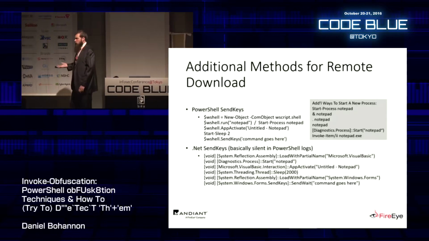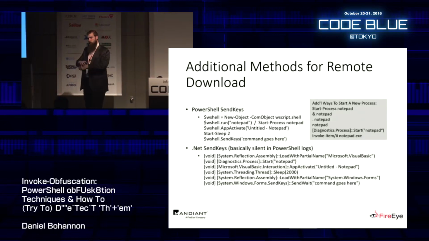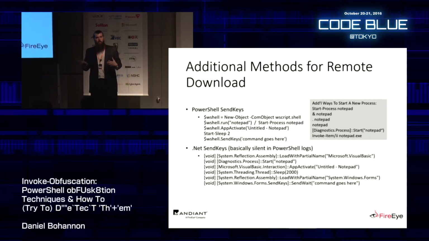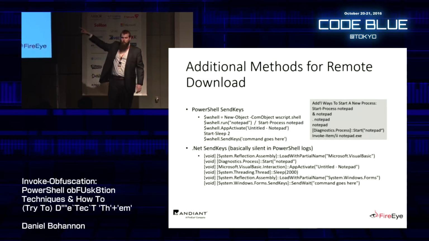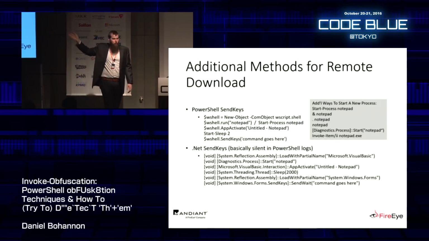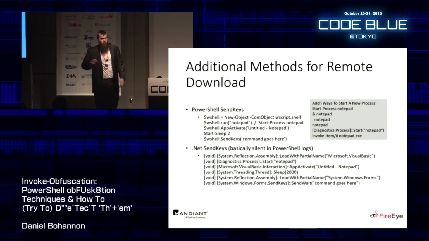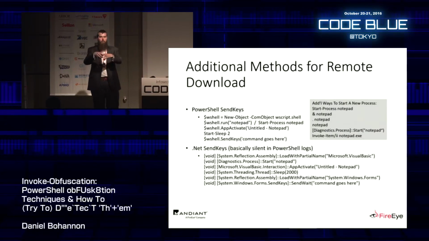And with most things in PowerShell, when PowerShell makes it easy to do something, it typically gives additional visibility to PowerShell in the event logs. So at the very top is the example we just did with SendKeys. Well, you can actually do all of that without calling the PowerShell wrapping commands. You can call those directly in .NET.